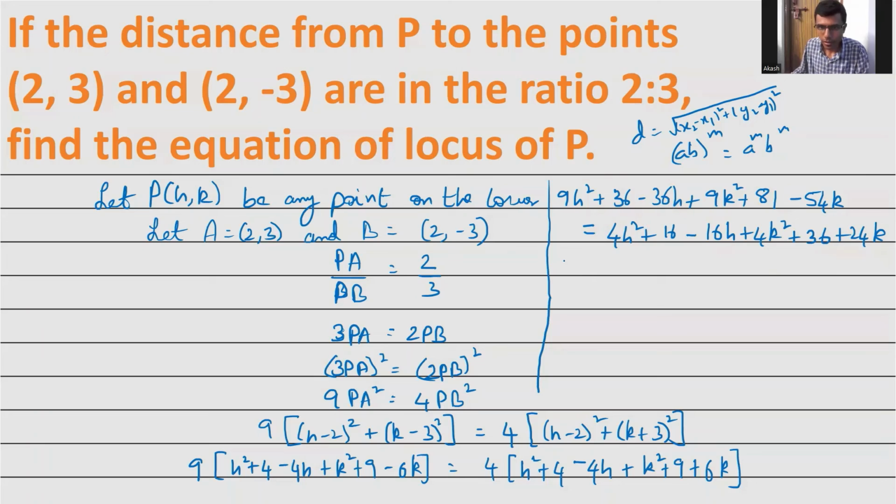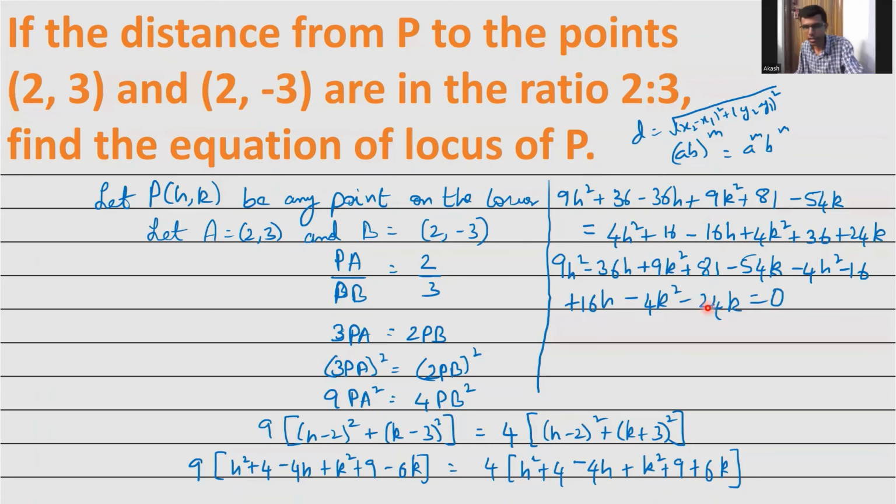So you would get, observe this carefully, 9h square minus 36h plus 9k square plus 81 minus 54k, and then apart from this I have minus 4h square minus 16 plus 16h minus 4k square minus 24k is equal to 0.